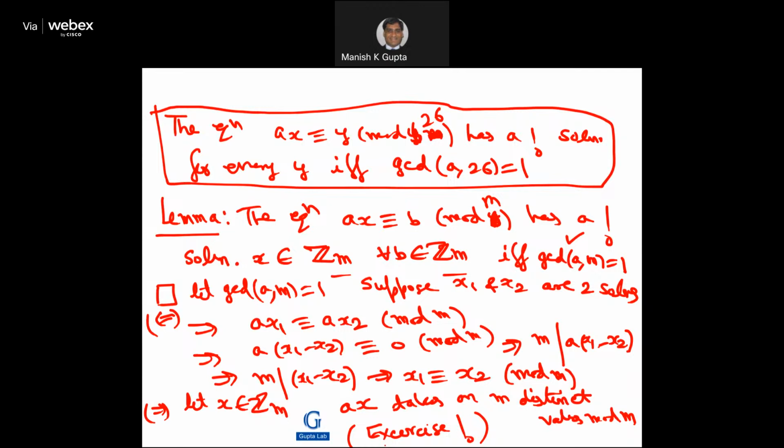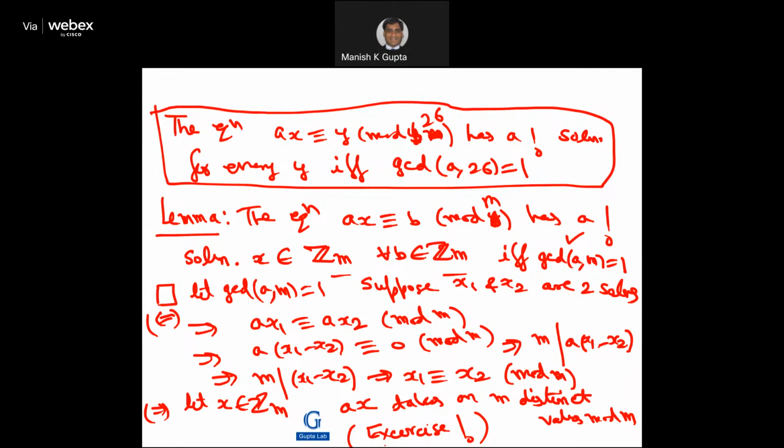In fact, why restrict ourselves to 26? We can say the same thing for modulo M in general. The equation AX congruent to B mod M has a unique solution X in integers modulo M for every B in Zm if and only if GCD of A and M is 1.